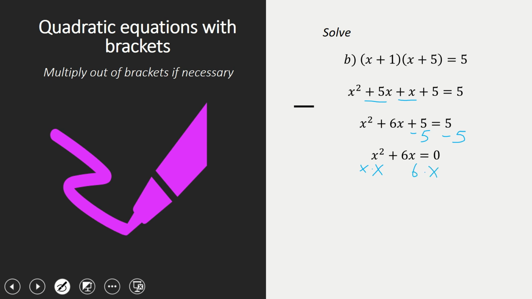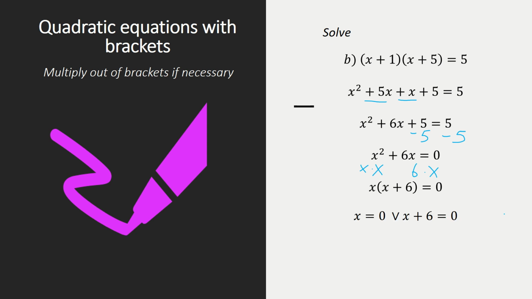The common factor equals x, so x times x plus 6 equals 0. So now I can solve it because the right side is 0. So x equals 0 or x plus 6 equals 0, and therefore your final answer is going to be x equals 0 or x equals minus 6. And again, you may skip this step.